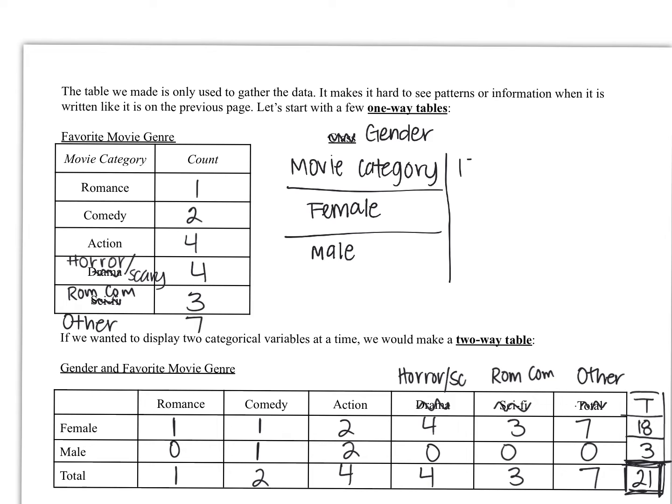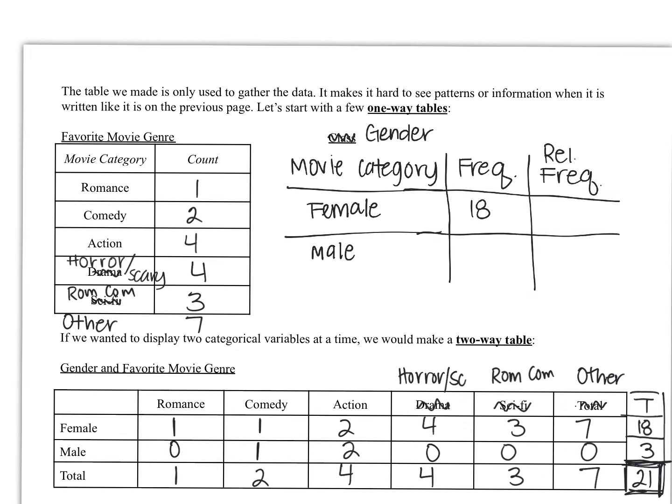Then we have the frequency, and we have something that's called relative frequency, which we're going to go into in a little bit more detail later on. So frequency is a very similar thing to count, is how often does it occur. So in our table, there are 18 female, and for male, there are 3.